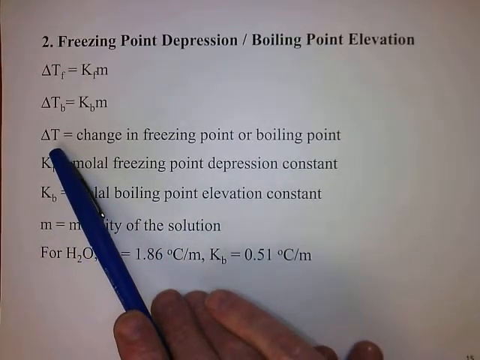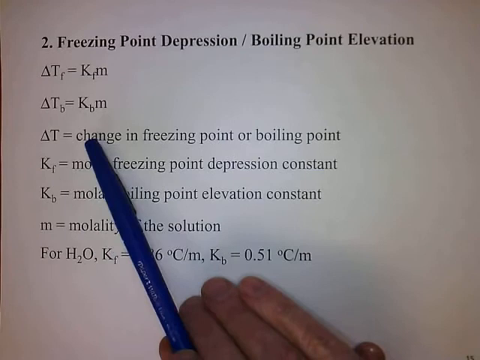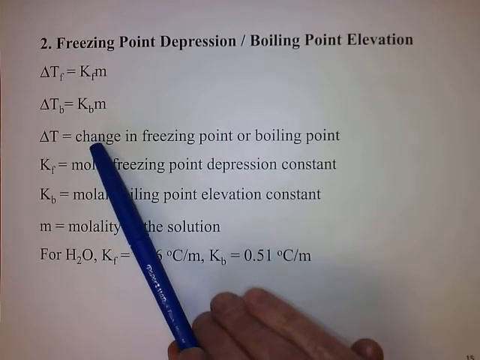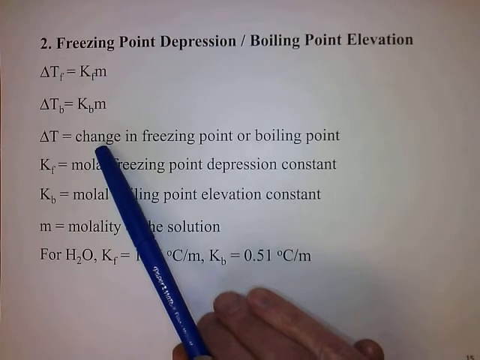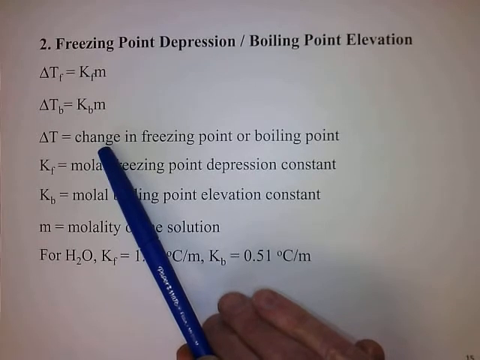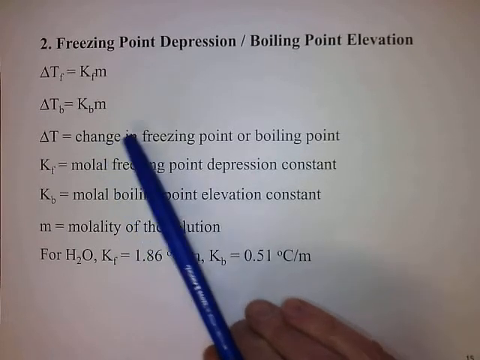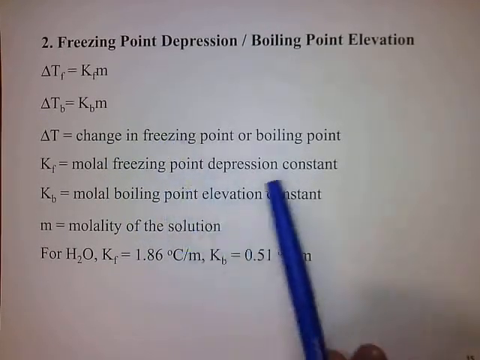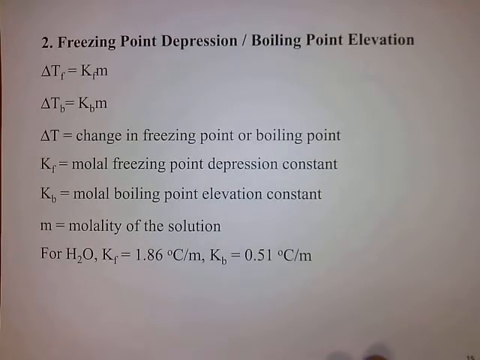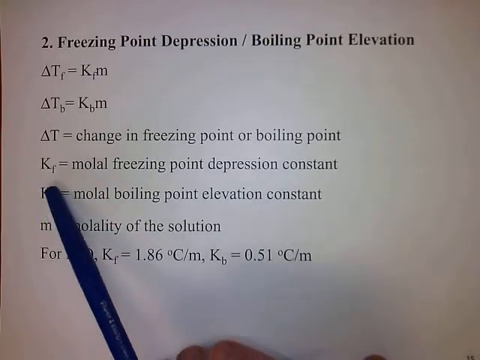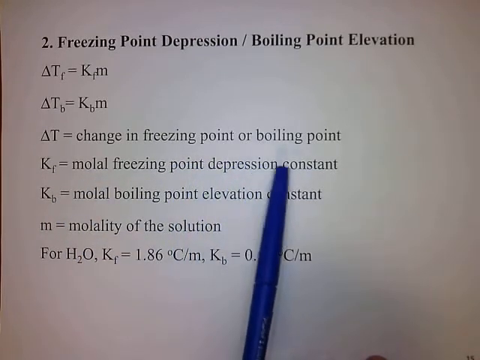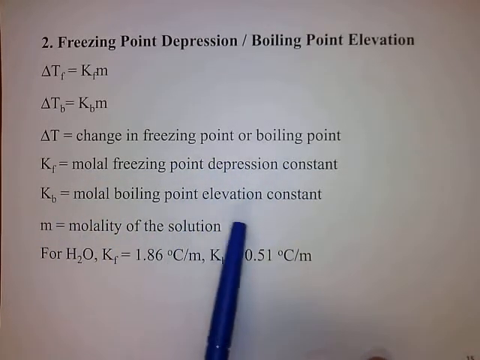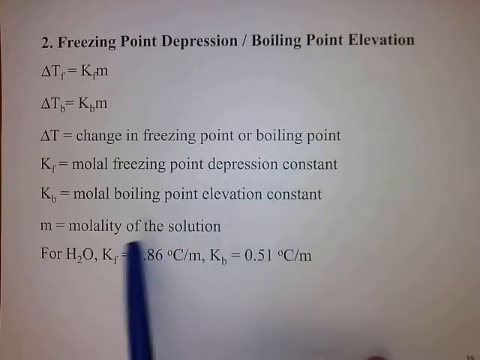Where delta T is the change in the freezing or boiling point. It's not the freezing or boiling point of the solution, it's the change in the freezing point or boiling point. So it's the amount by which the freezing point is depressed or the boiling point is elevated. Kf and Kb are the molal freezing point depression constant and molal boiling point elevation constant.